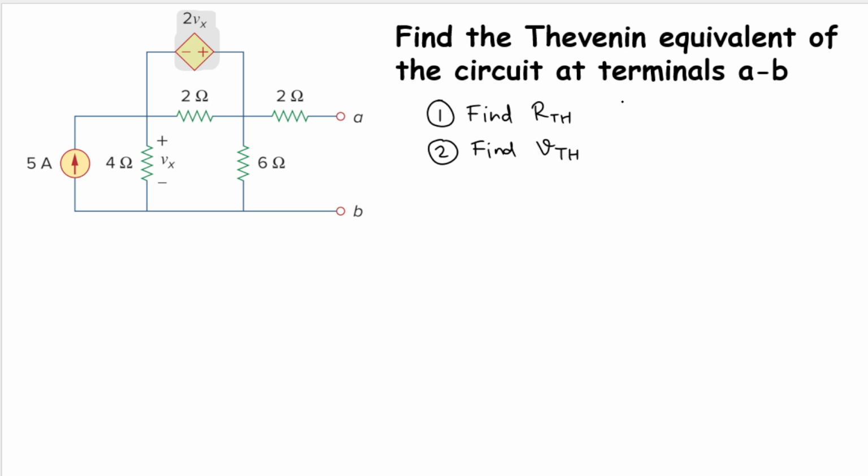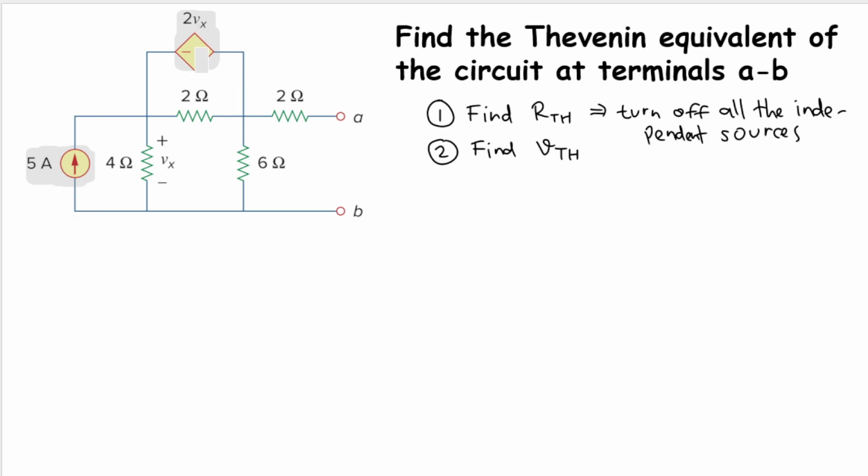To find RTH, we need to turn off all the independent sources. Let's see our circuit here. We only have this 5 ampere current source as the independent source.